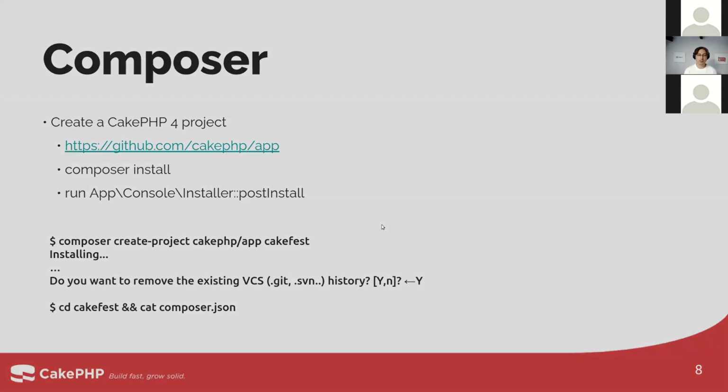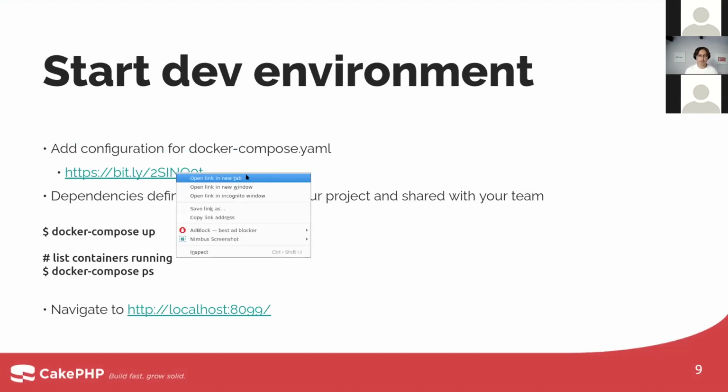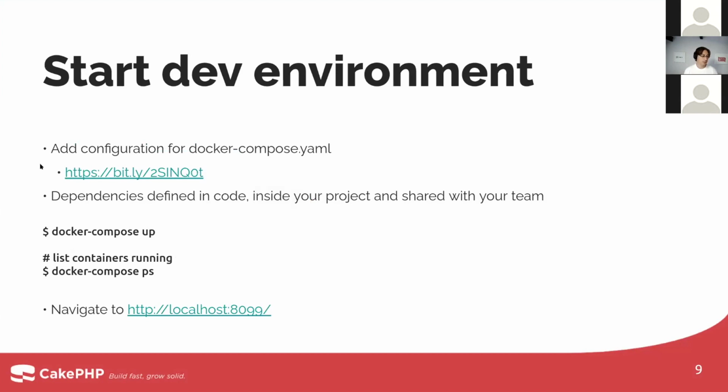Next step would be to create actually our development environment. Here's the link. I'm going to copy the link to you. Here's one possible configuration for this thing, right? It's going to be a Docker Compose YAML file.